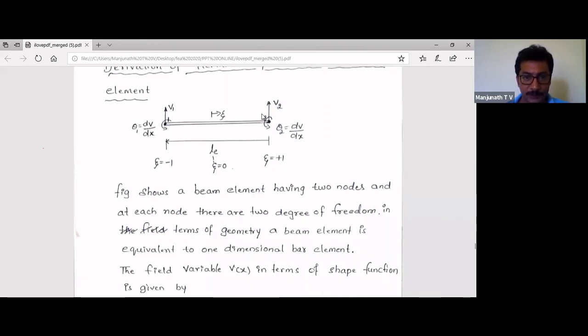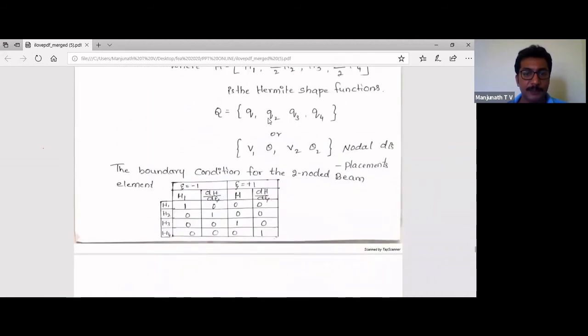So there are 4 degrees of freedom, right? For example, if the vertical shape function h1 is equal to 1, then for the rotational and the other vertical and rotational degrees, all 3, the value of h1 will be equal to 0. That is the first property of the shape function.